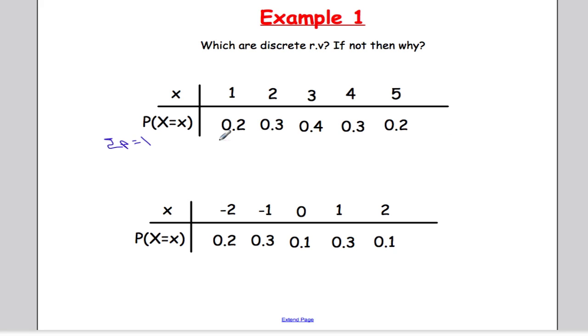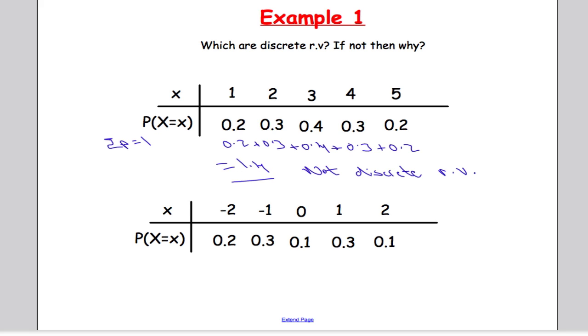So if I add up all these probabilities, 0.2 plus 0.3 plus 0.4 plus 0.3 plus 0.2, adding them all up: 0.2, 0.5, 0.9, 1.2, 1.4. So it's not a discrete random variable, the reason being that the sum of the probabilities is greater than 1.